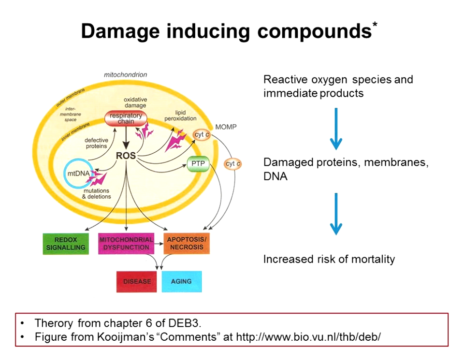These in turn lead to damaged macromolecules, damaged membranes, and these in turn lead to increased risk of mortality. The figure on the left illustrates one way in which this can be thought of, and is lifted straight from the comments file that I've listed at the bottom.